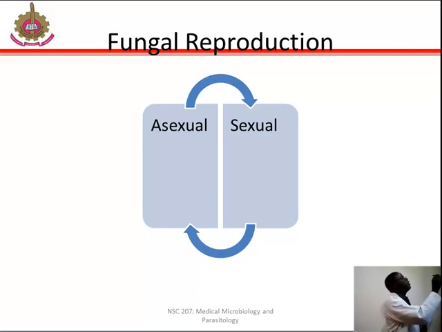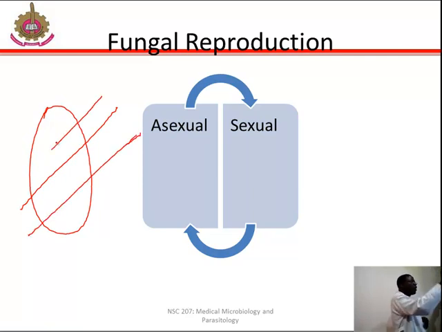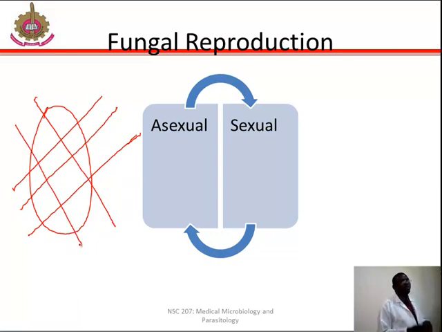If you see a fungus like this, it can form a body by dividing itself in two. These two divide to 3 to 4, 4 to 8, 8 to 16, and like that until they start producing themselves in large number.